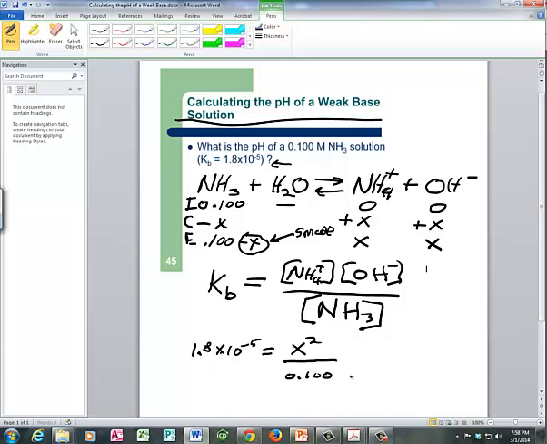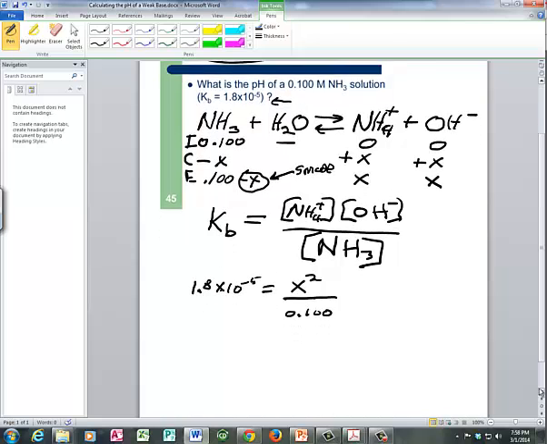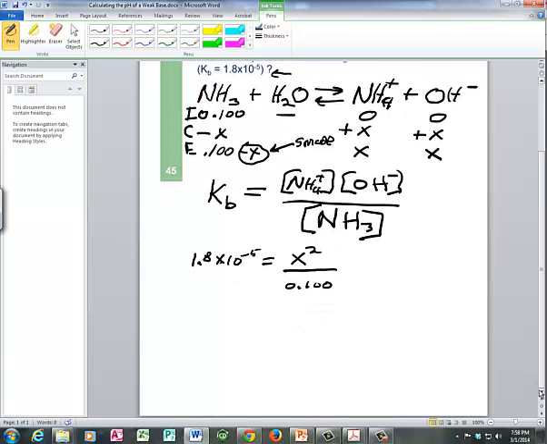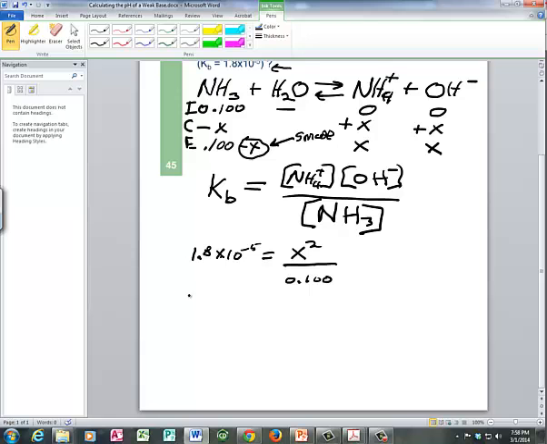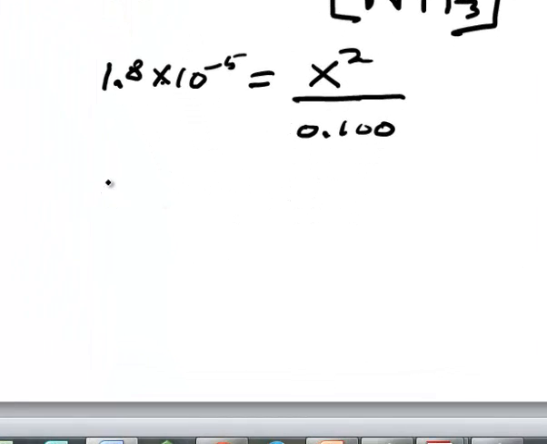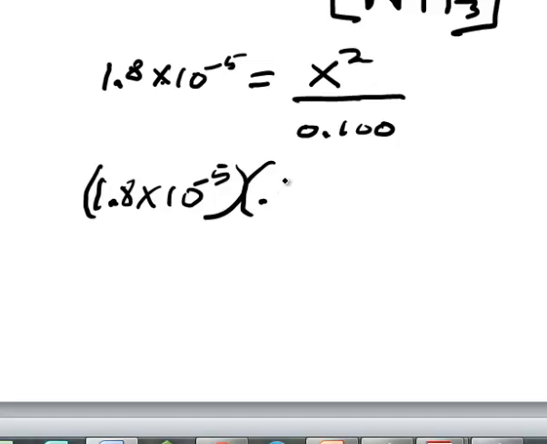If I had the minus x there, that would result in a quadratic, and I would have to use the quadratic formula to solve it. We'll check at the end to make sure our assumption is valid. Now we solve for x. We multiply both sides by 0.1, so that's 1.8 times 10 to the minus 5, and that's just going to equal x squared.